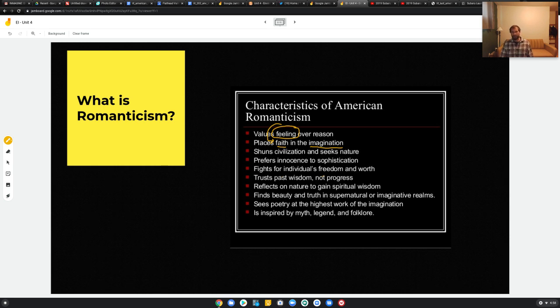The rationalist will say, oh, children need to be educated. And once they're properly educated, they can be meaningful contributors to our society and to our civilization. But until then, they're kind of an uneducated problem. Romantics are going to say, no, no, no. That childhood imagination, that innocence, that will be a priority.